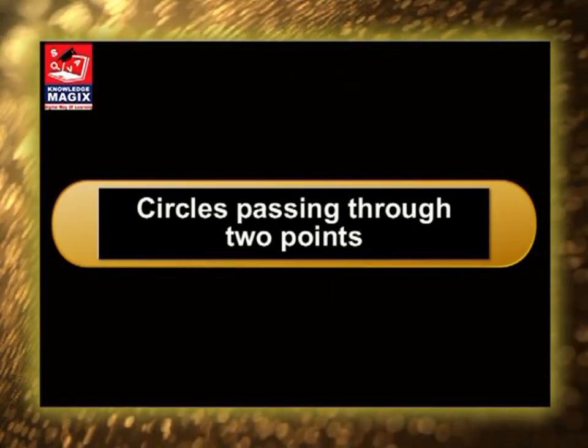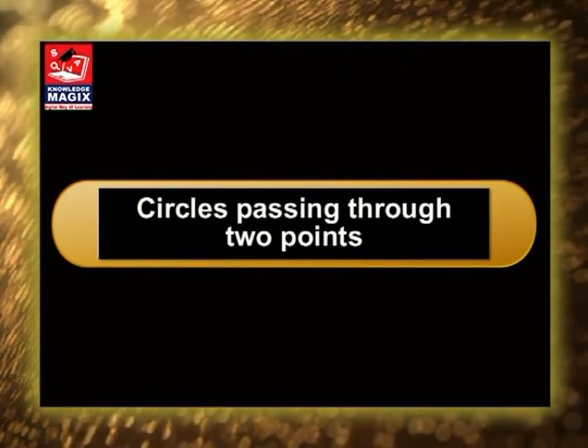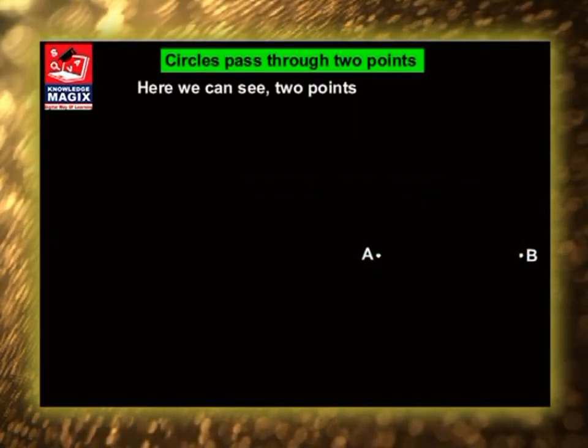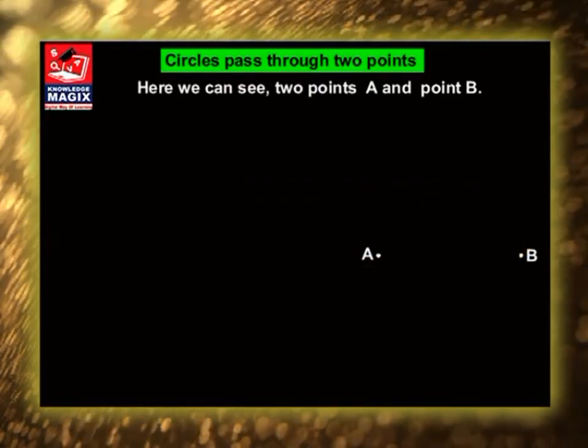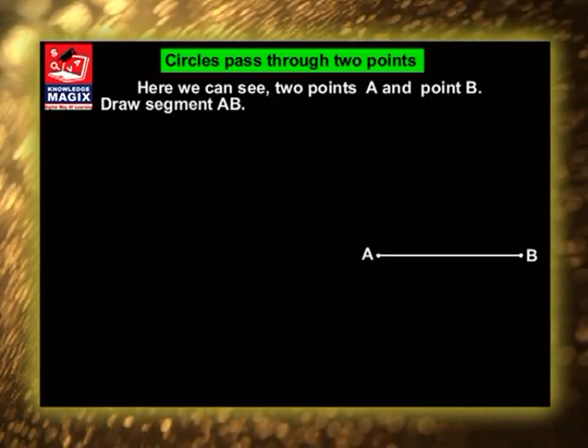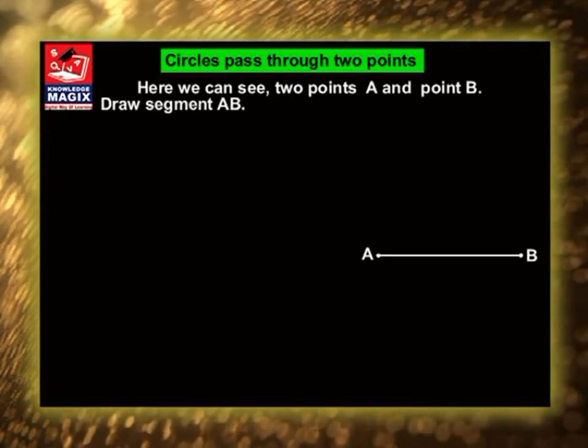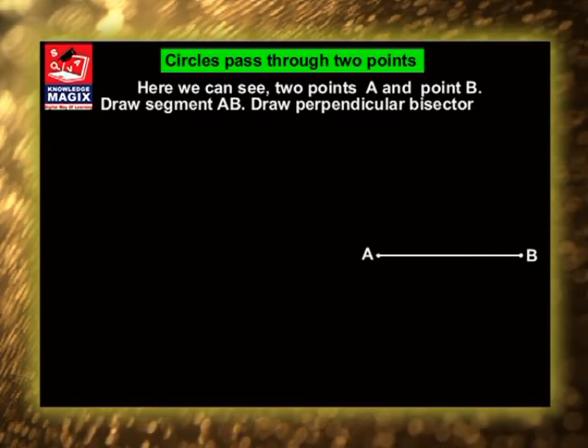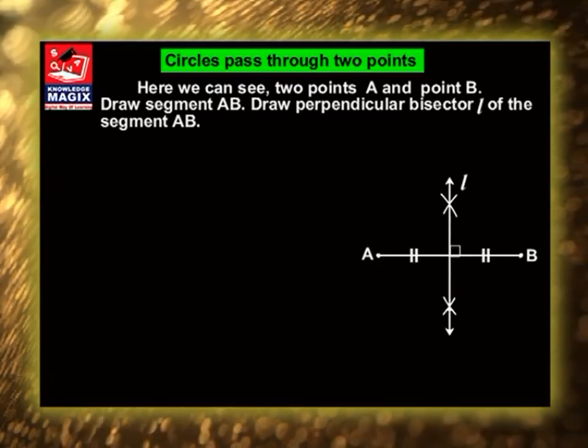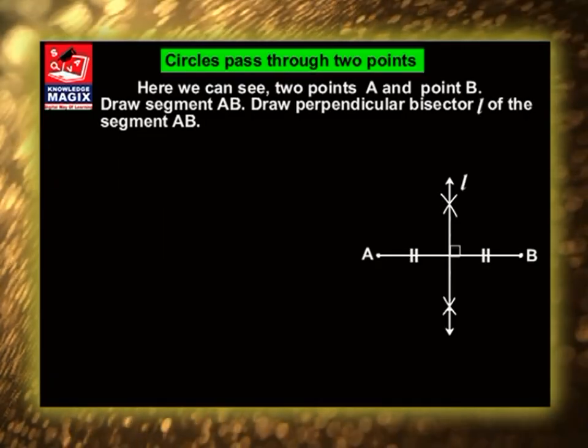Now circles passing through 2 points. Here we can see 2 points, point A and point B. Draw segment AB. Draw perpendicular bisector L of the segment AB.